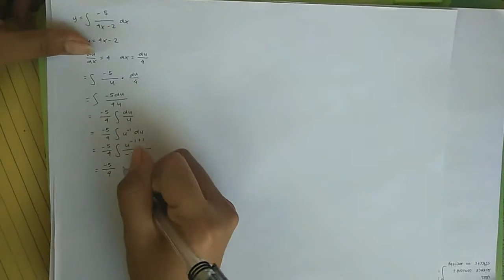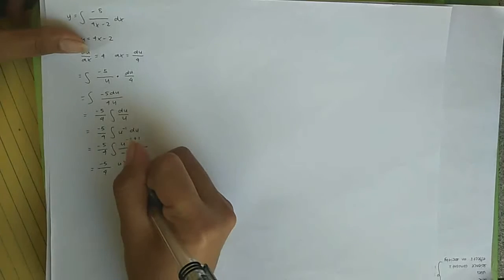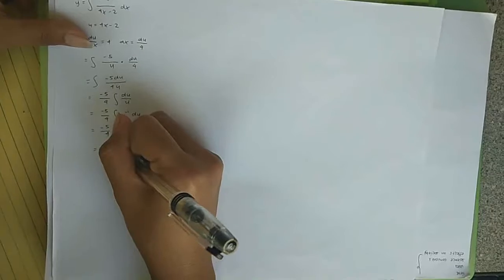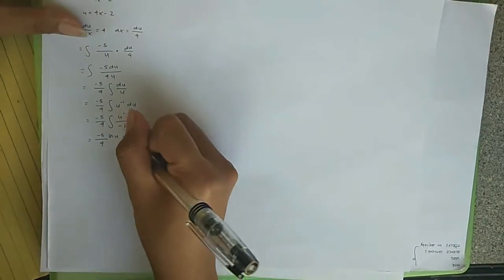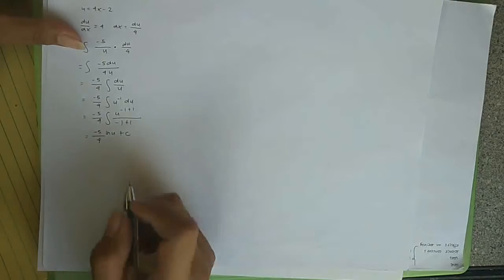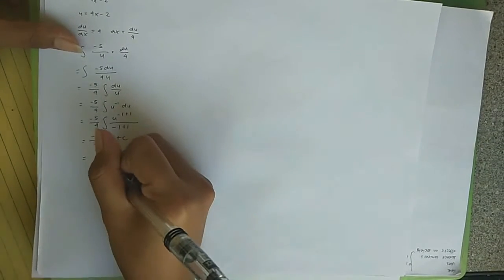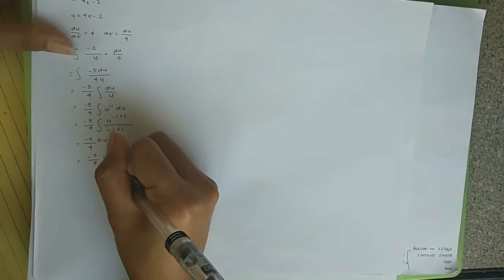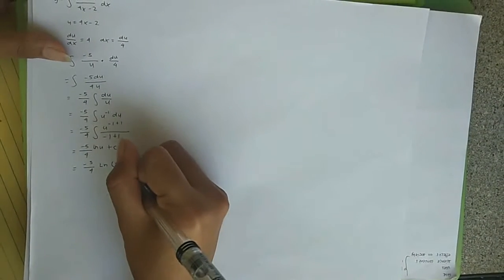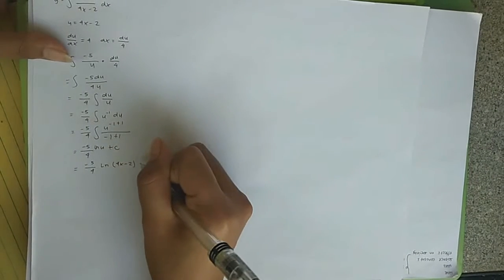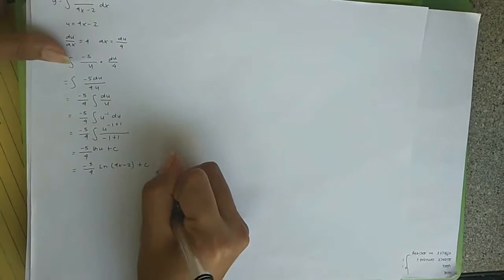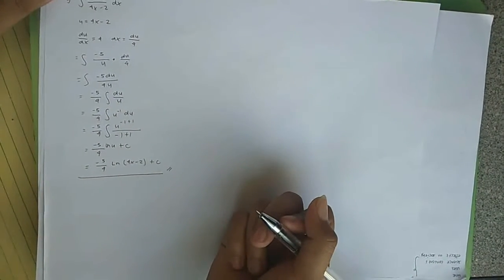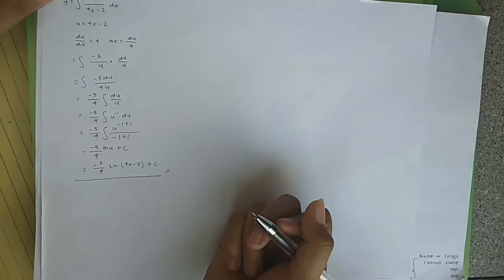Then rewrite: negative 5 over 4 ln u plus c. Then we're going to substitute the value of u. Negative 5 over 4 ln 4x minus 2 plus c. Now we have the answer for integral of negative 5 over 4x minus 2 dx.